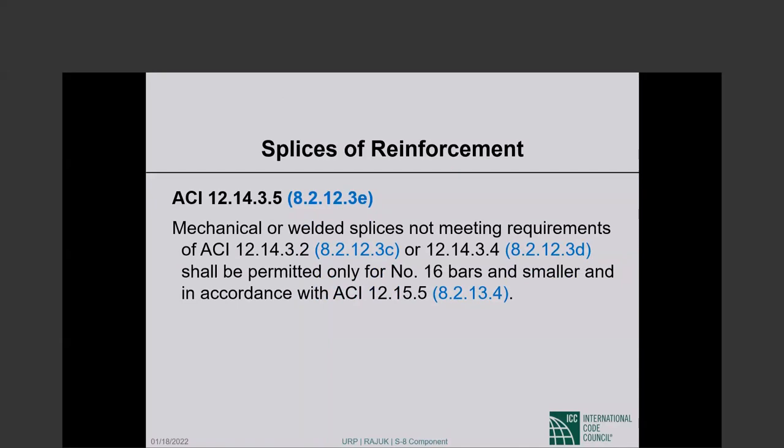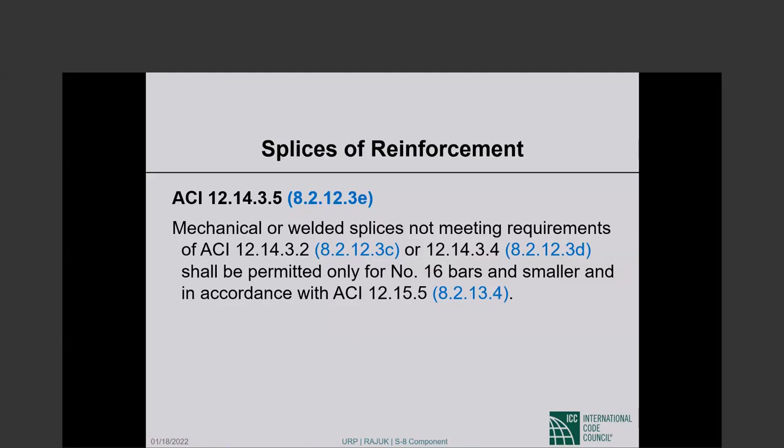So you cannot just do it willy-nilly. It has to be smaller bars, and there are conditions attached. They're pretty onerous conditions. This less than full mechanical and welded splices has been deleted from ACI several editions ago. We don't have them anymore.